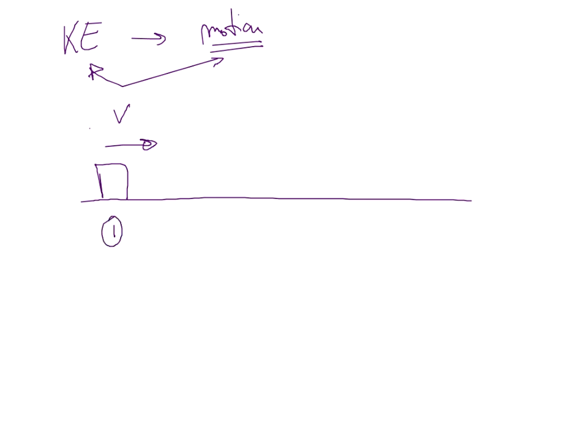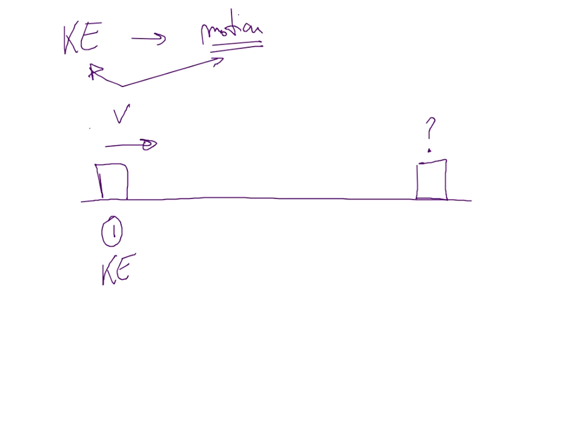Obviously, at this stage, it has some kinetic energy. Okay? Let's neglect potential for now, only consider kinetic. If there is friction, what will happen to the velocity right here? Is it going to stay the same? Is it going to get bigger? Or is it going to get smaller? It's obviously going to decrease, yeah?